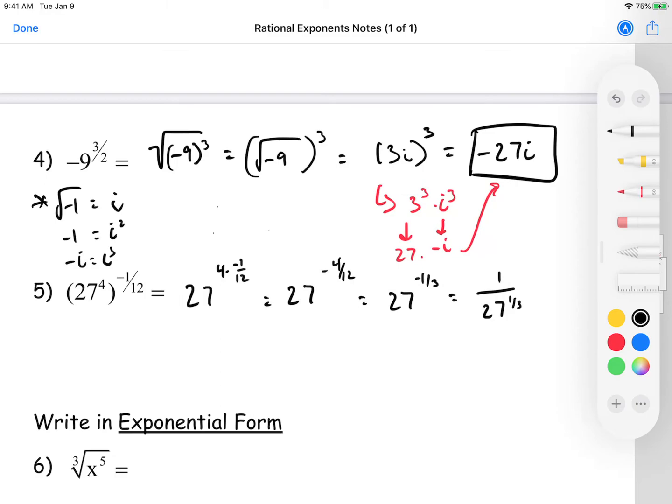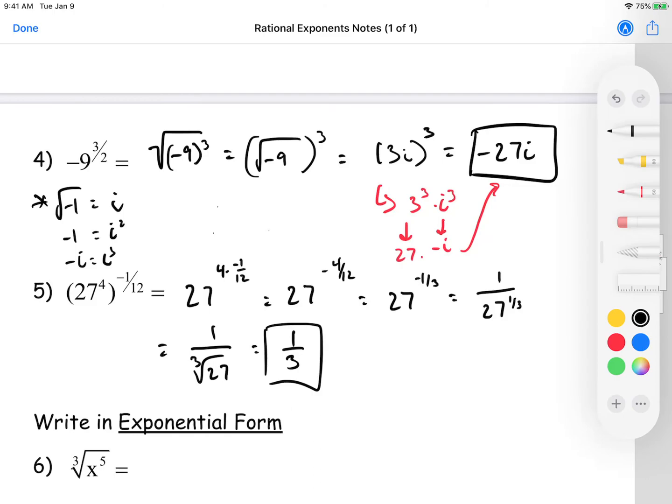Which is the same thing as 1 over the 3rd root of 27. Well, what's the 3rd root of 27? What is it? 3. And so just applying my rules helps me see these a little bit simpler.